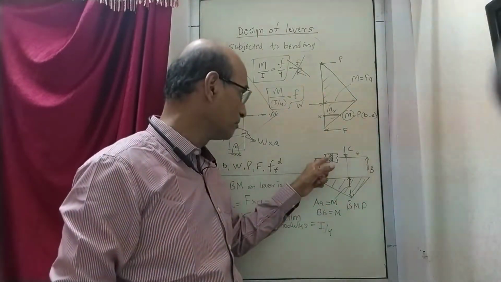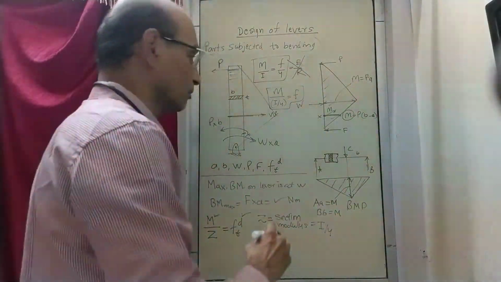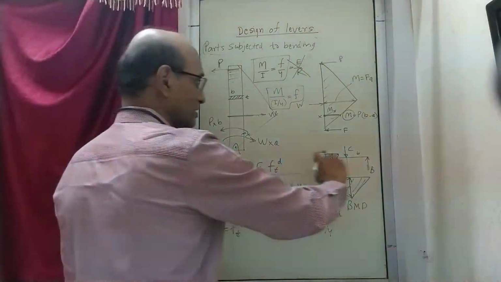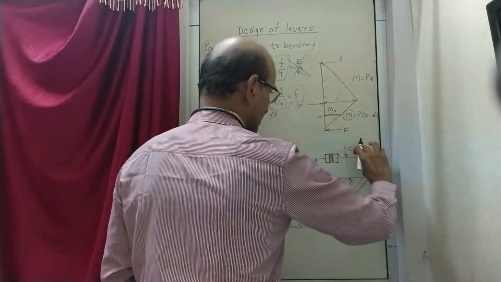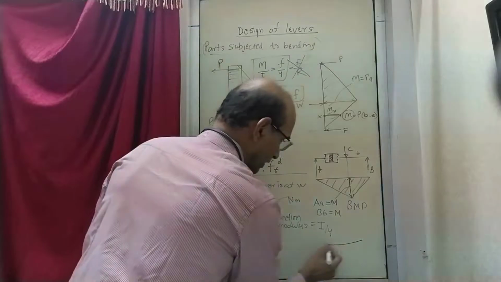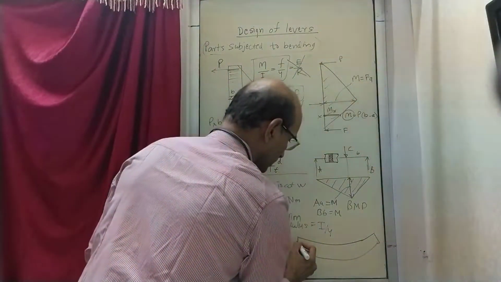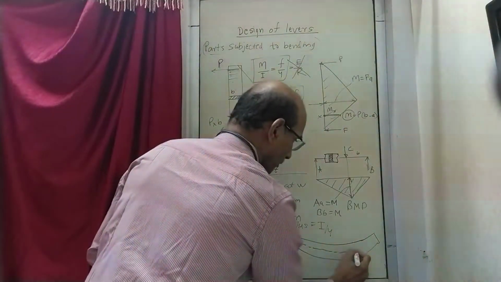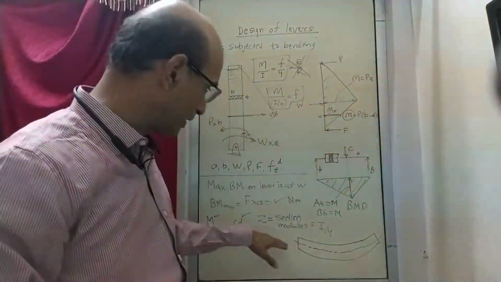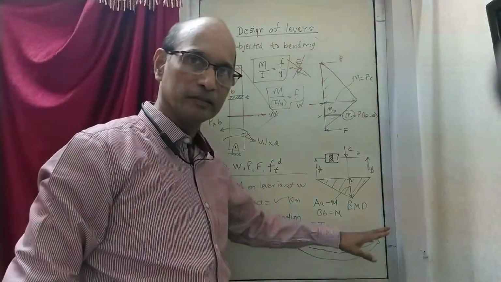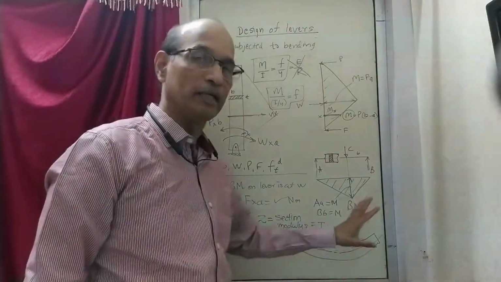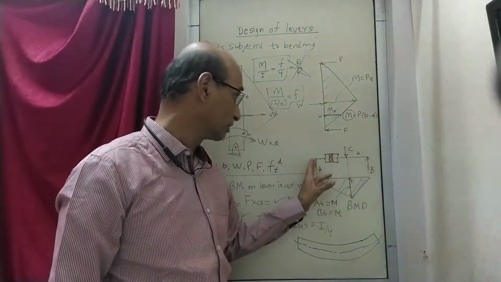So for this beam, as you know, there is something called the neutral axis. What is the neutral axis? Suppose this beam bends like this, then the material at the middle of the beam is going to maintain the length, whatever was the length earlier.